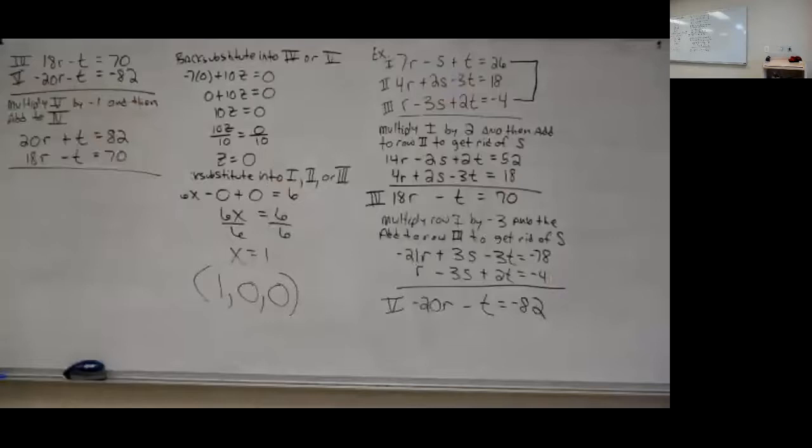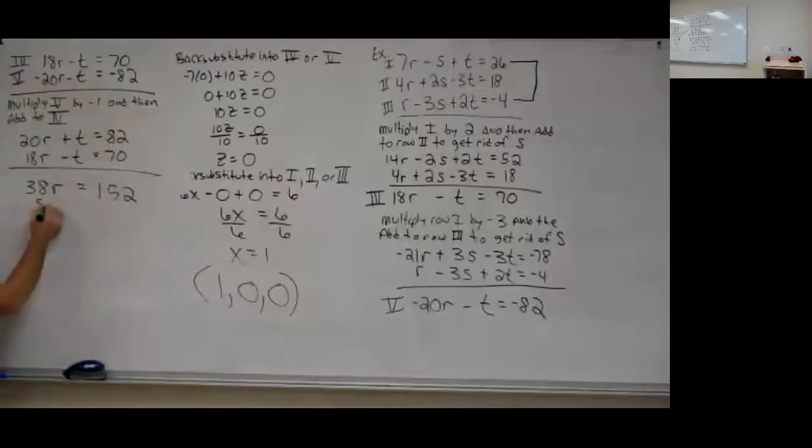All right, also, looks like the T's are going to be gone. So let's think. We got 20R plus 18R. That's like 38R. T's are gone. And over here, I get 152. So I'm wondering, will that 152 divide by that 38? Well, let's see.